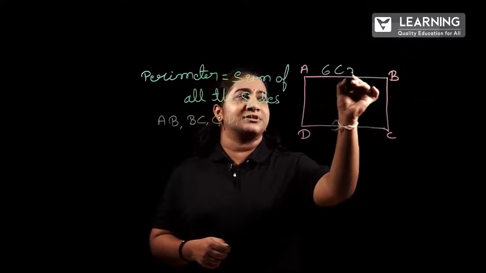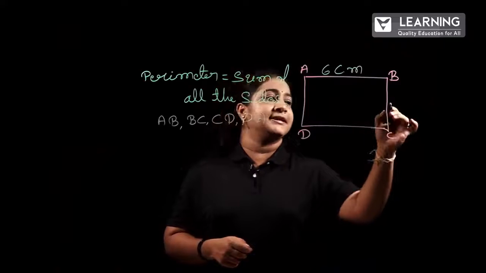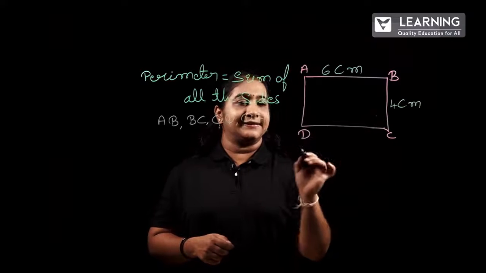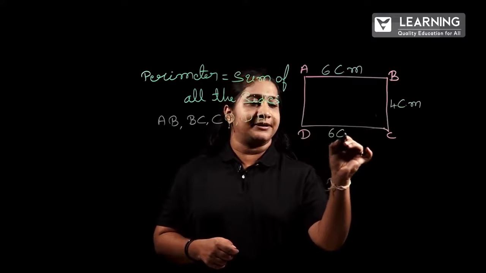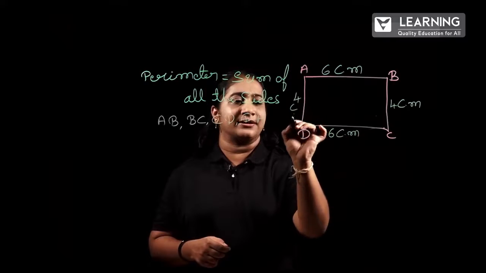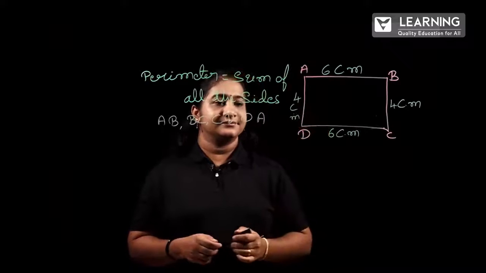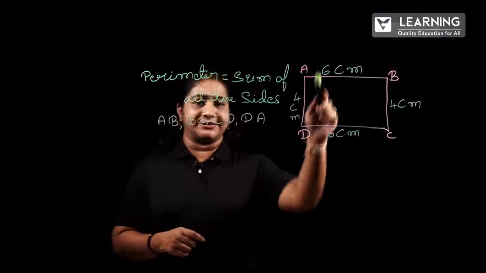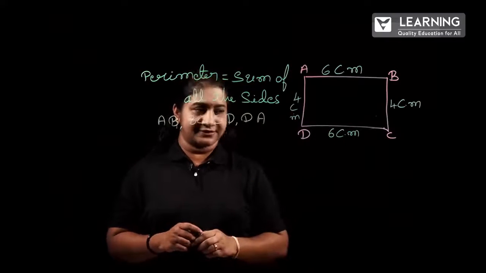AB is equal to 6 centimeter, BC is equal to 4 centimeter, CD is equal to 6 centimeter and DA is equal to 4 centimeter. In a rectangle, the opposite sides should be the same.